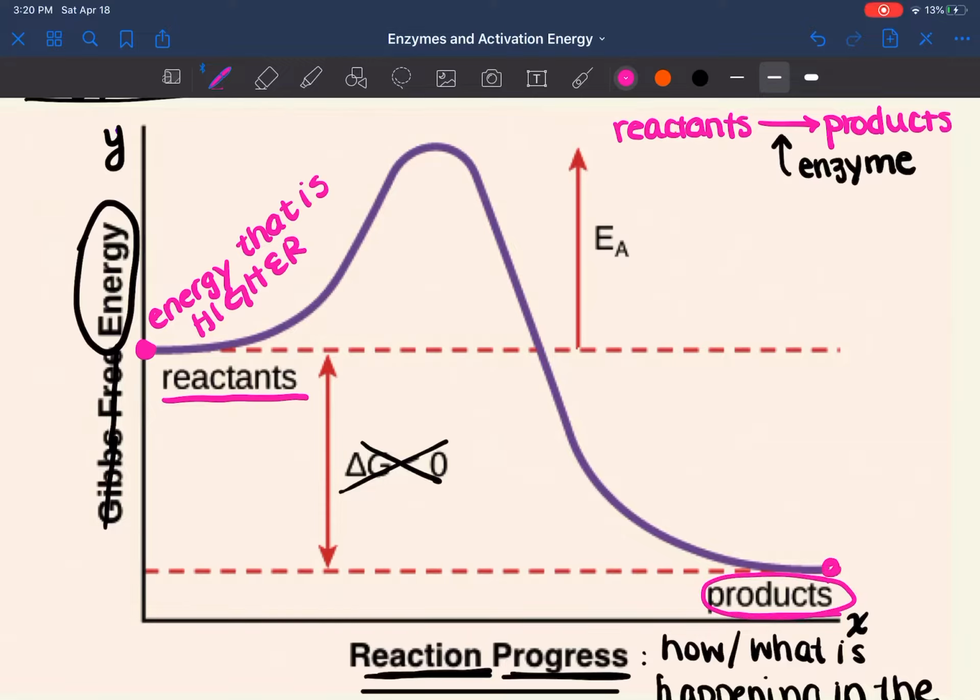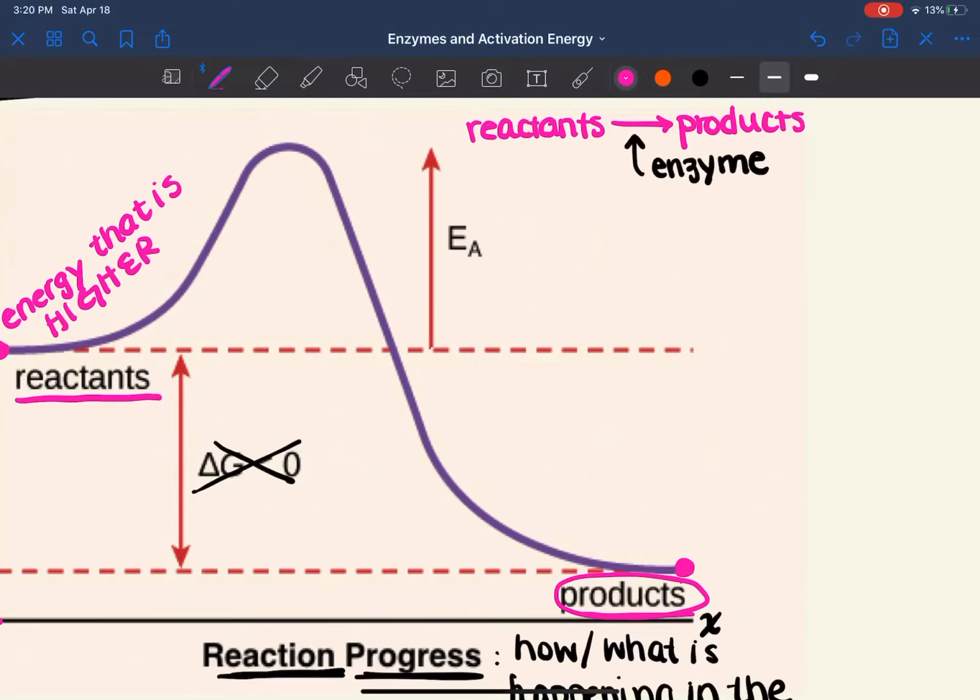So our products' energy is all the way down here. Remember, we start at 0 right here, and it increases going up. So we'll see that our reactants are higher up than our products. So let's add that little tidbit right here: the reactants' energy is higher than the products.